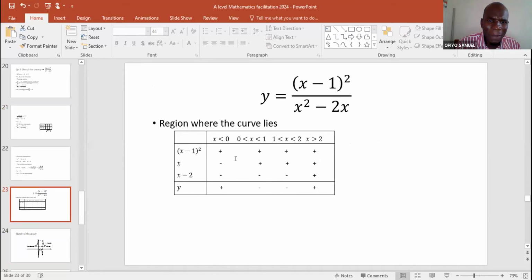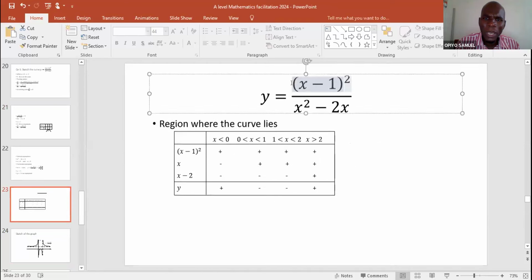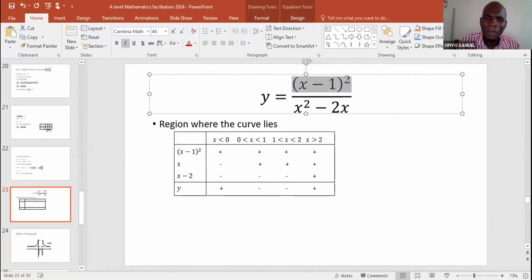said when you want to determine the intervals, you first look at the equation of the curve. You equate the numerator to 0, find the value of x. There we get 1. Equate the denominator also to 0, we are going to get x equal to 0 and x equal to 2. Then you have to divide the entire line according to those values. We have 0, 1, and 2. That's how we generate these intervals.